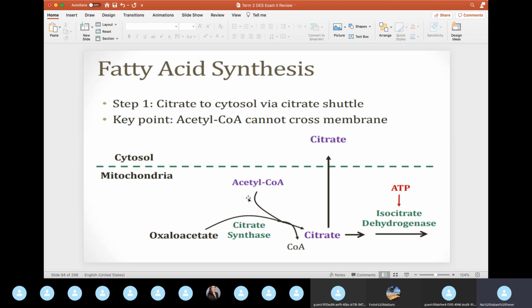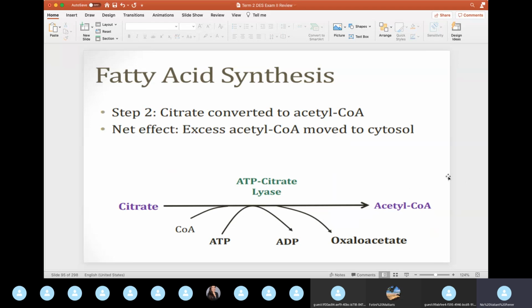Acetyl-CoA cannot cross the membrane, right? So it needs to be paired with oxaloacetate to make citrate. And then citrate can get out of the mitochondria via the citrate shuttle. And then citrate can be converted to acetyl-CoA via ATP citrate lyase.